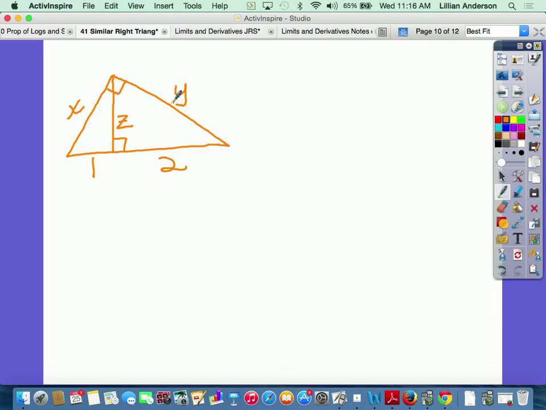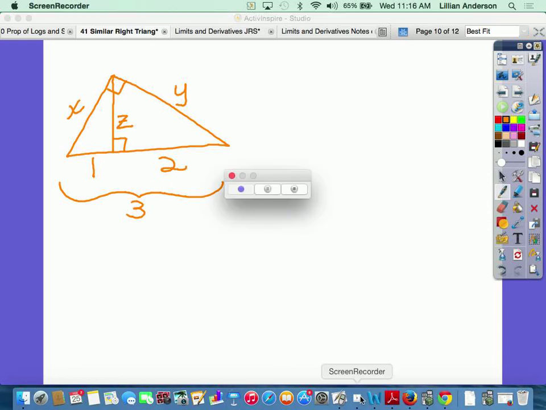Yeah. Z. Okay. Honestly, you could start anywhere with this because you know both parts of your hypotenuse, and if you know both parts, that means you know the whole thing. What's the whole hypotenuse? 3. So you either find your leg first or find an altitude first, okay? So I want you to decide which one you're going to find first and find it.